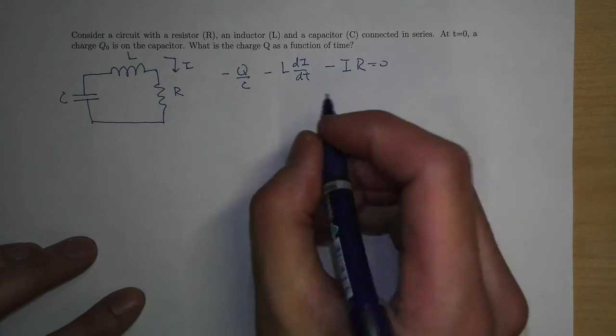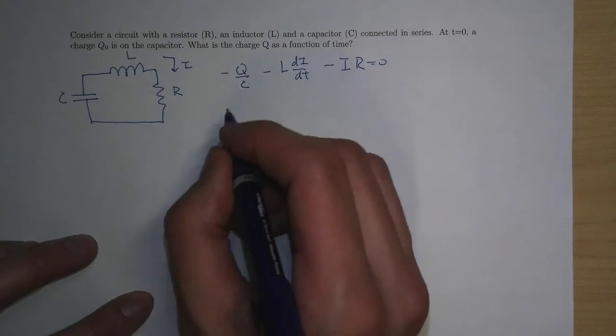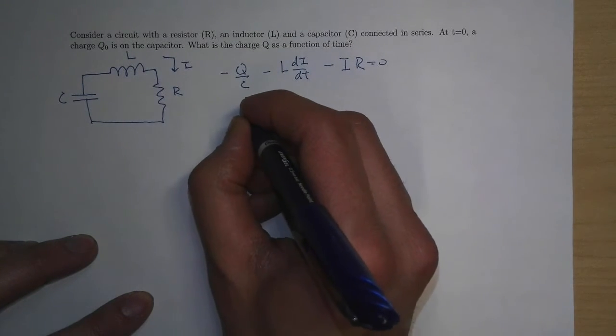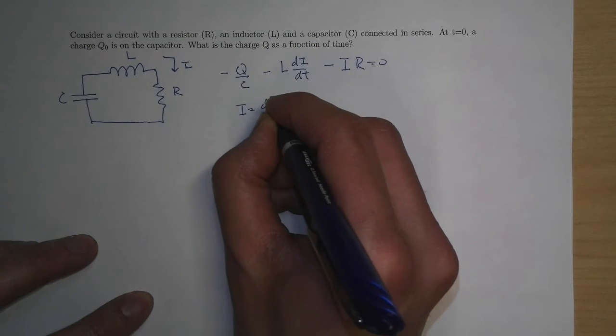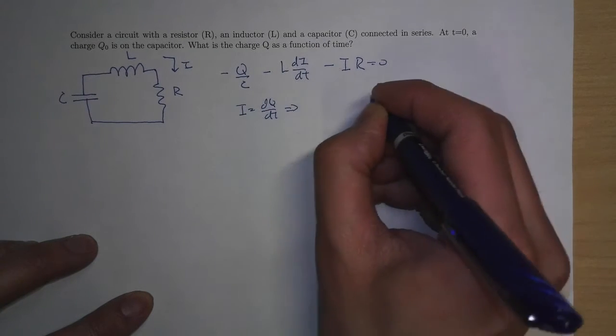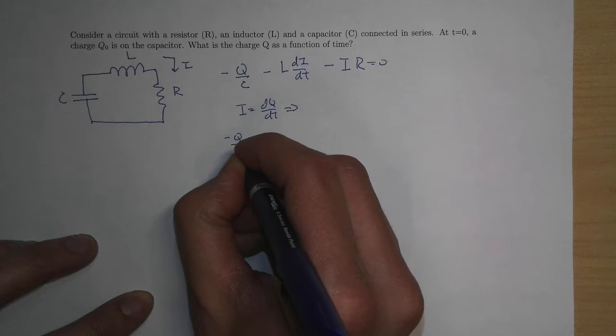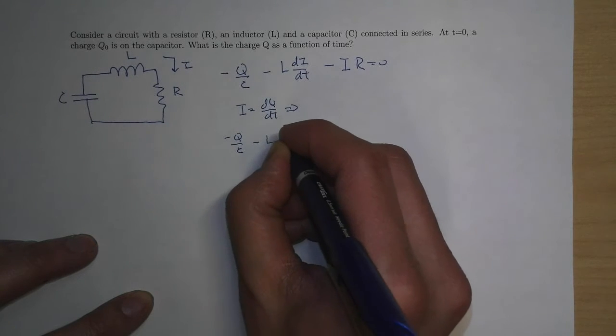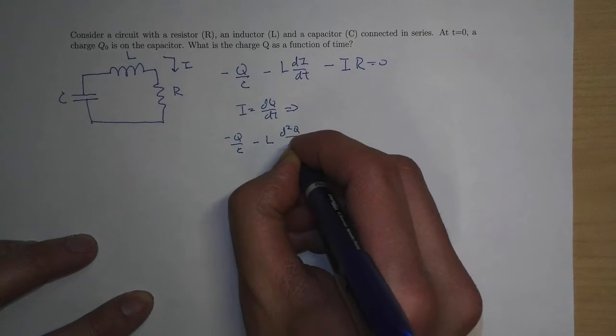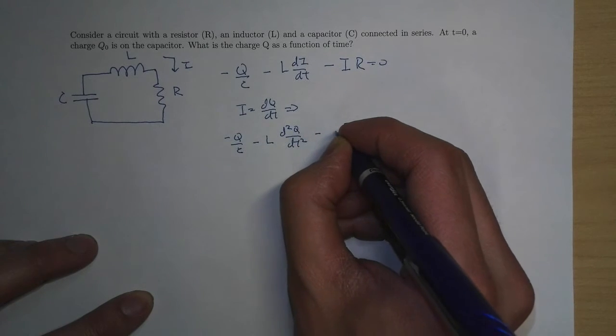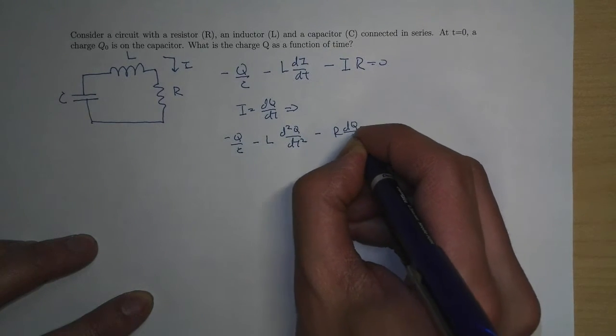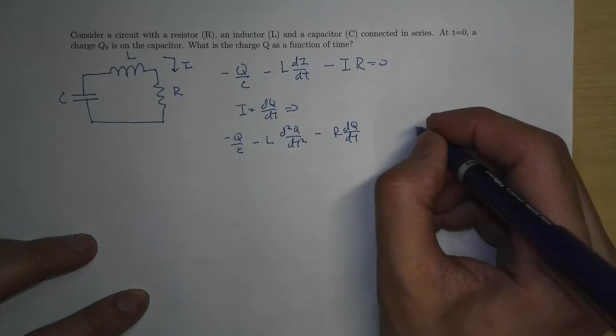Alright, so with this set up, let's figure out what these terms are. Note I is equal to dq/dt. So I have minus q over C minus L d²q/dt² minus R dq/dt, and everything equals 0.